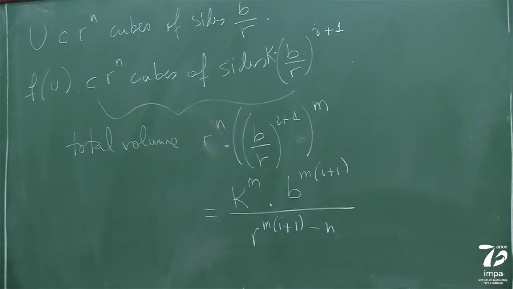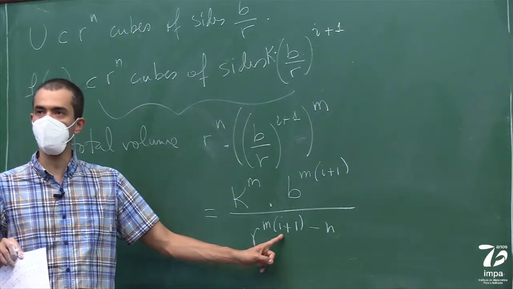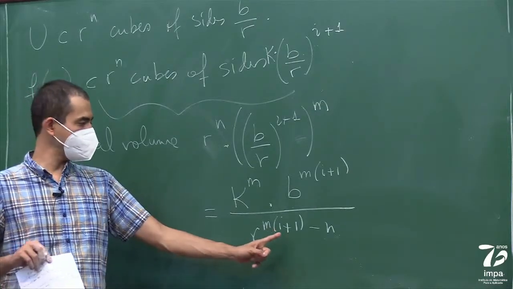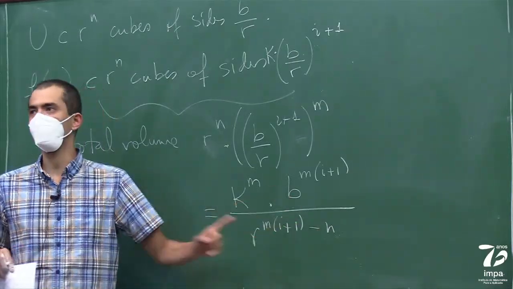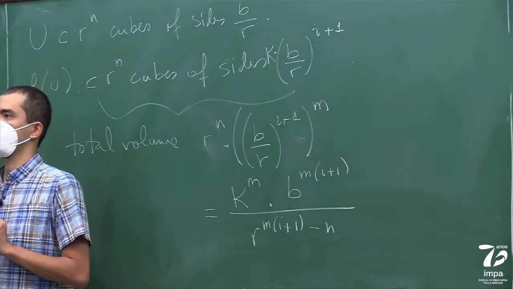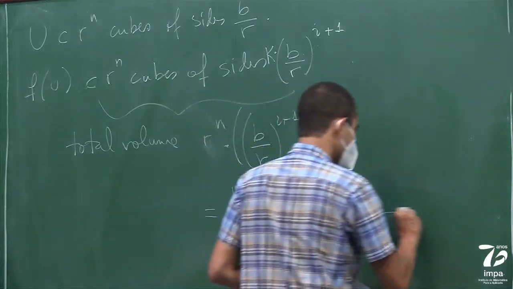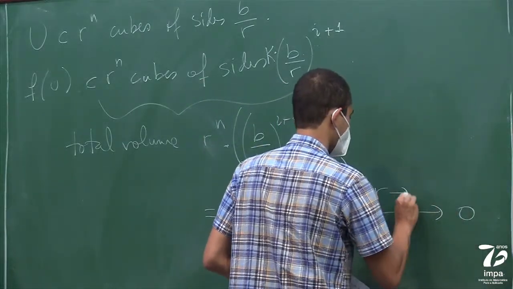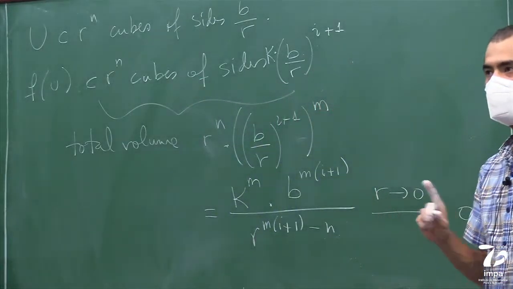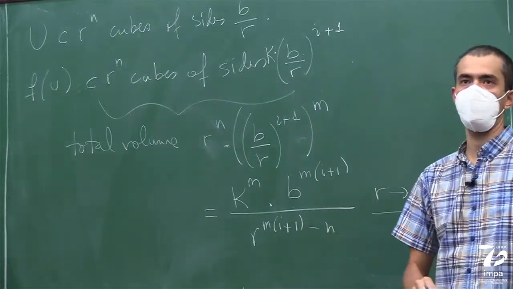And the point is, if I is sufficiently big, then this guy here goes to 0 as r goes to 0, provided that I is sufficiently big.